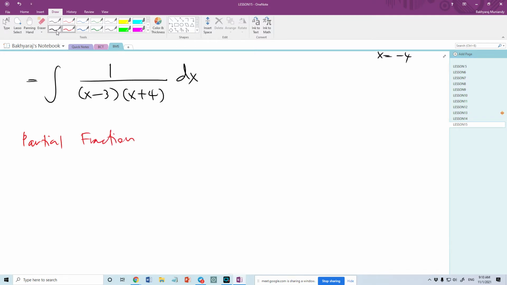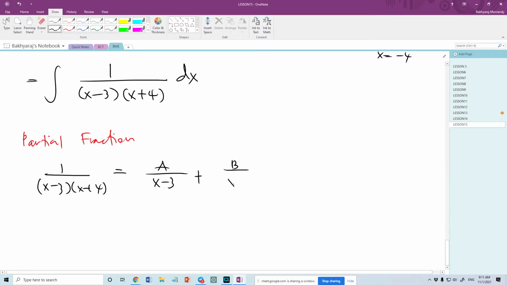Okay, partial fraction. Okay, again, 1 over x minus 3, x plus 4 can be written as A over x minus 3 plus B over x plus 4. And 1 equals, so cross multiply, A times x plus 4, B times x minus 3. So we get A(x plus 4) plus B(x minus 3).